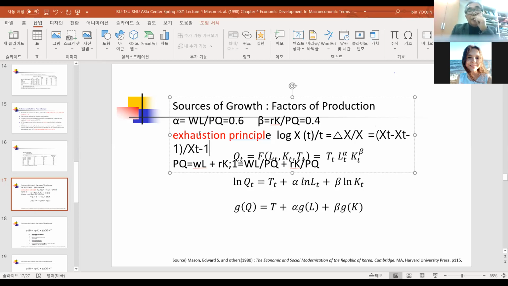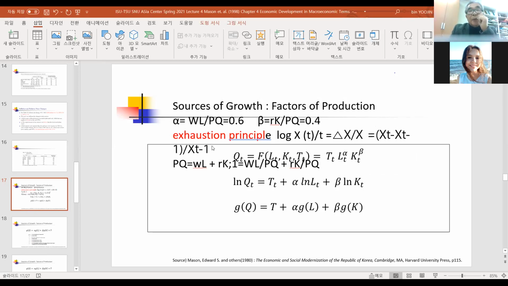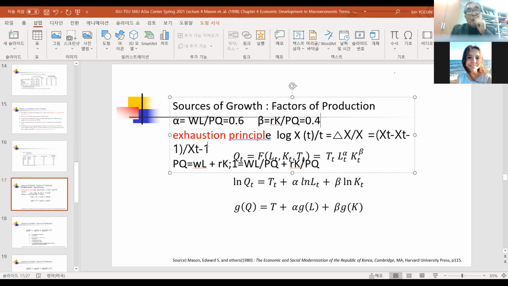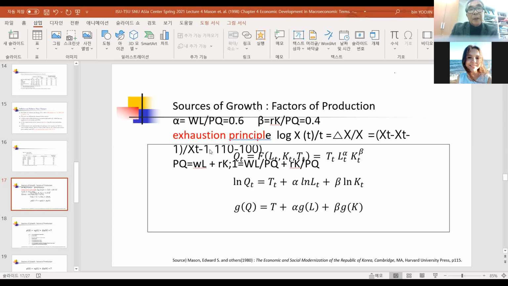Suppose your GDP started, xt minus 1 was, for example, 100 and xt was 110, minus 100, the whole thing in bracket.